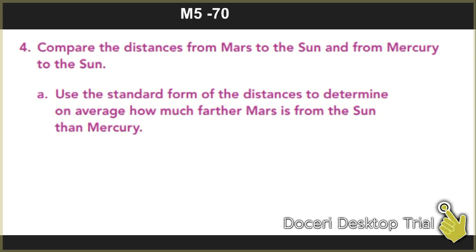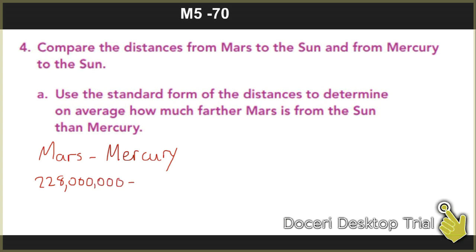Again, we're in the standard form, not scientific notation yet. So we know that Mars minus Mercury will give us our answer. Okay, so let's set it up. We already know that Mars is 228 million miles away from the Sun on average.